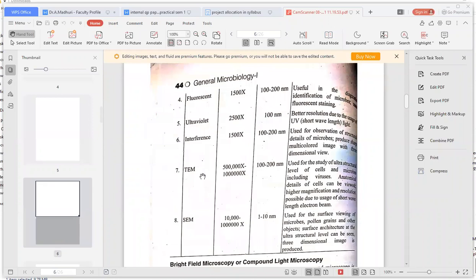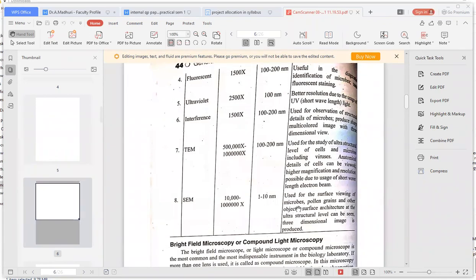TEM is the electron microscope. It is used for studying the ultrastructure of cells, microorganisms and viruses, and inside details of the cells can be seen by the electron microscope. Here, scanning electron microscope: scanning means surface scanning. Like if anybody goes for scanning, what will they do?